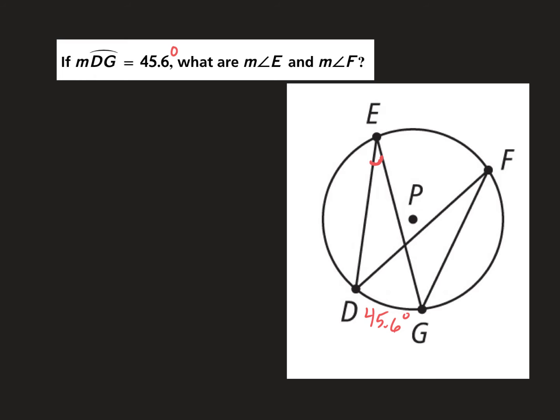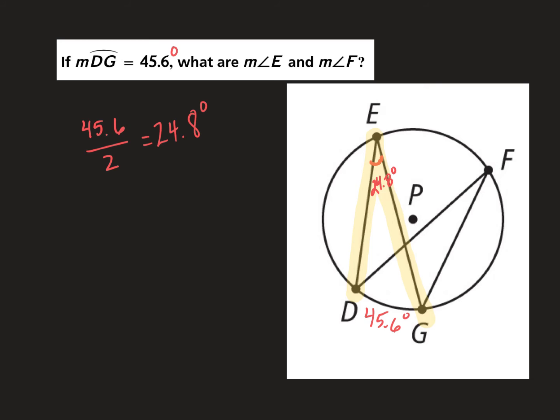If I get my highlighter out and highlight angle E, I can see that the arc it subtends, or the angle is inscribed in that circle, the arc that it intercepts is that arc DG, so 45.6. So all I would have to do is take 45.6 and divide by 2, and that would give me 24.8 degrees.